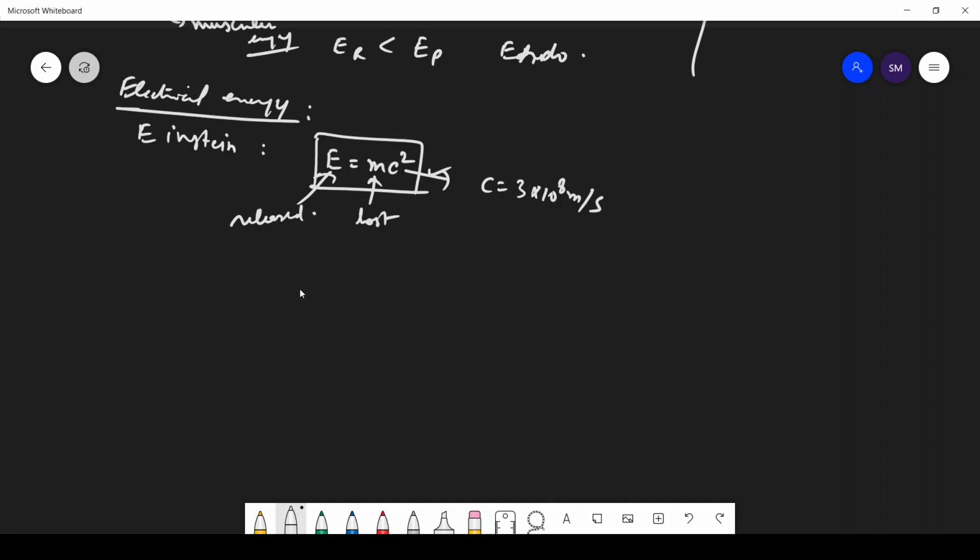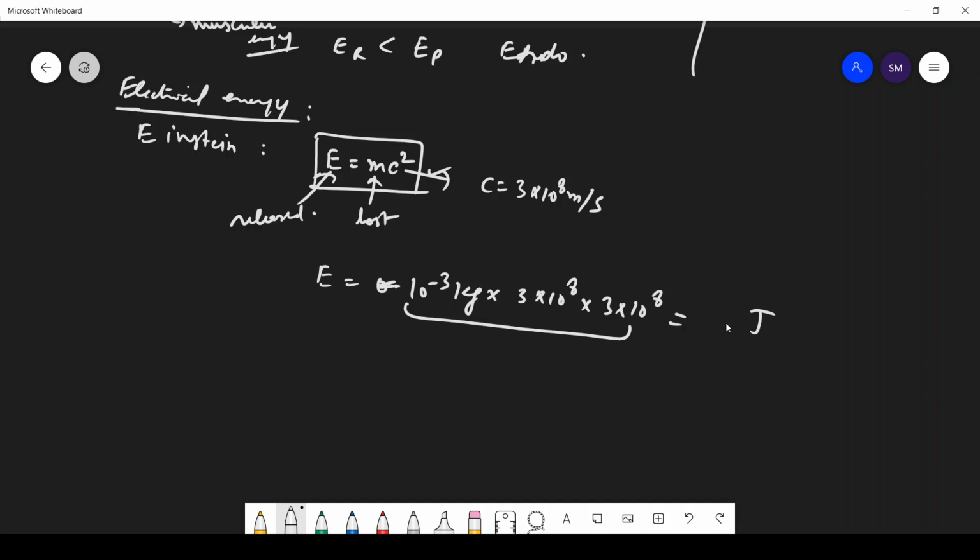So if we have 1 gram, 1 gram is 10 to the power minus 3 kilogram, into 3 into 10 to the power 8, into 3 into 10 to the power 8. See, this much joules of energy you get even when 1 gram of matter is lost.